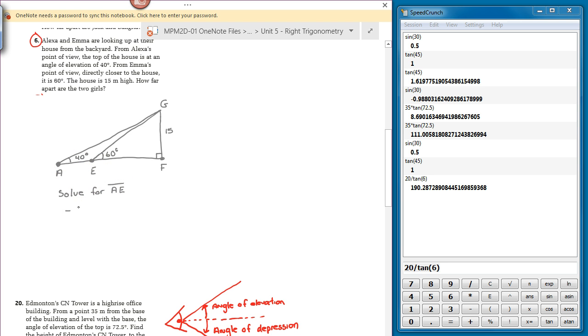So an approach that we can use is we can first find AF using triangle AFG.